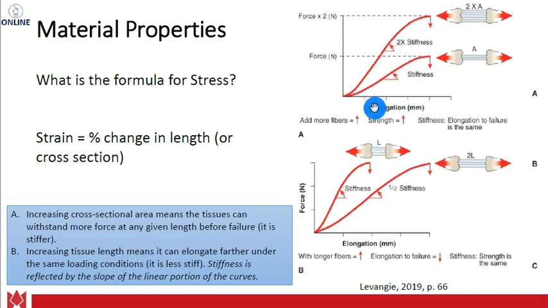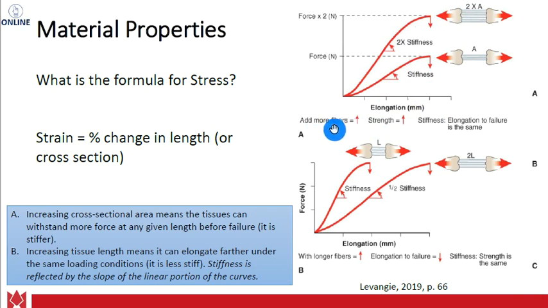So in this case, if I want to get 4 millimeters of elongation, and I have this cross-sectional area, I have to apply 50 newtons of force. I'm just making that number up. But if I want to get 4 millimeters of elongation with the larger one, I have to apply 100 units of force.